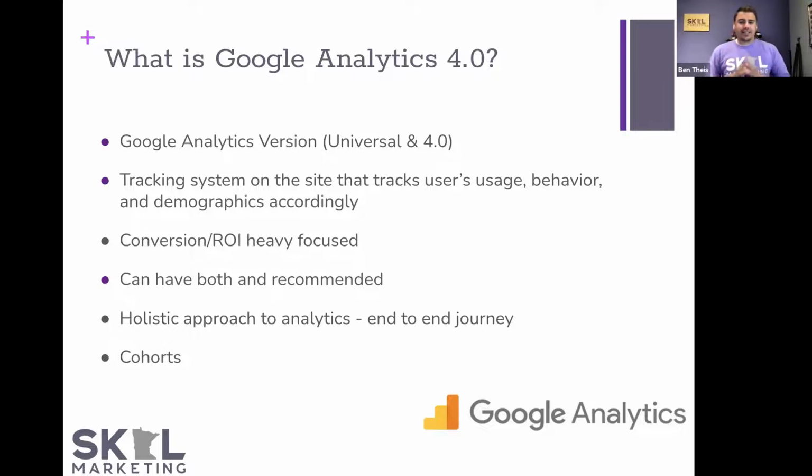Of course, there are conversion reports that we can get within Universal, but at the end of the day, it's just numbers. Google Analytics 4.0's goal is to add a value and a qualitative metric so that you can start to track your users on a higher-value mark.